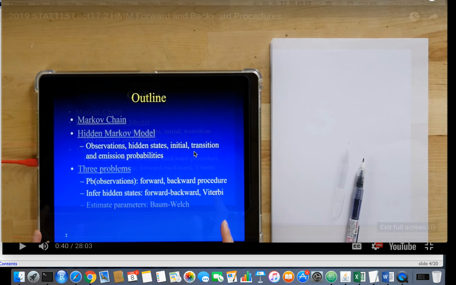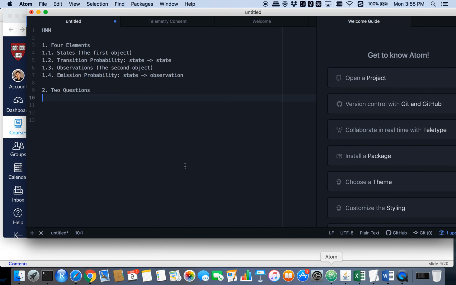So to summarize these two problems, question 1 about the hidden Markov model is that you already know the states. How could you infer the observations, or the probability to obtain some specific observations?